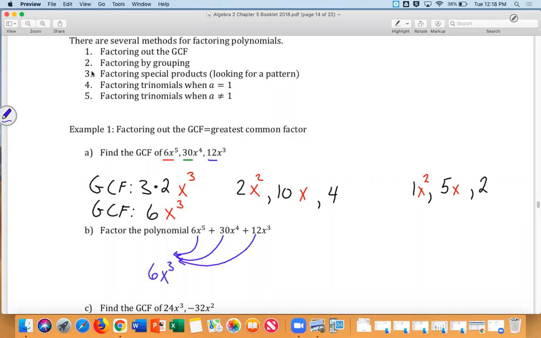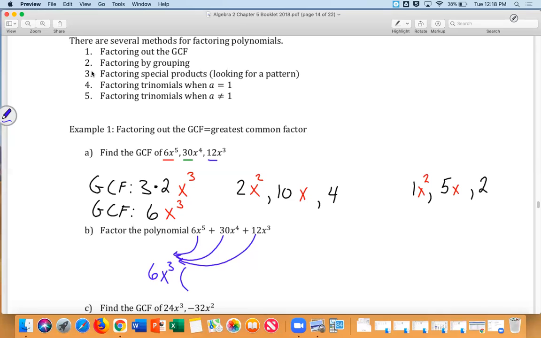If you can see that we're just changing the commas to plus signs, I think you can kind of see what my answer is going to be. But the difference between A and B is that here I just pull it out and say the GCF is 6x cubed. But here, I'm factoring, so I'm factoring out the 6x cubed.